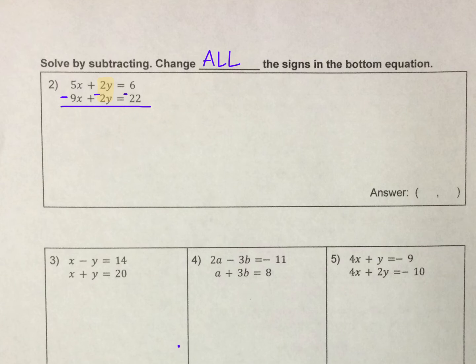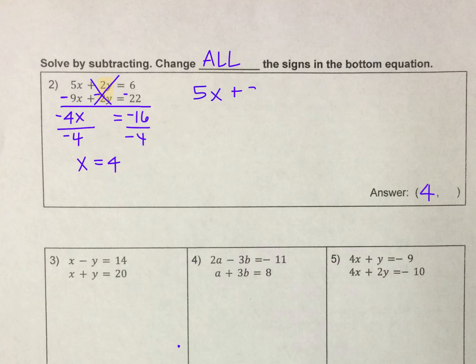So 5 minus 9x is negative 4x. Those guys mark out. It's going to equal 6 minus 22 is negative 16. Divide by negative 4. X equals positive 4. I'm going to go ahead and write it right there. All right. Now I'm going to rewrite my first problem. 5x plus 2y equals 6.